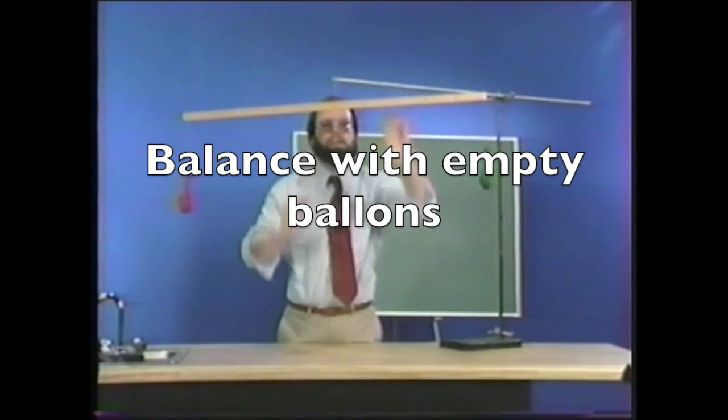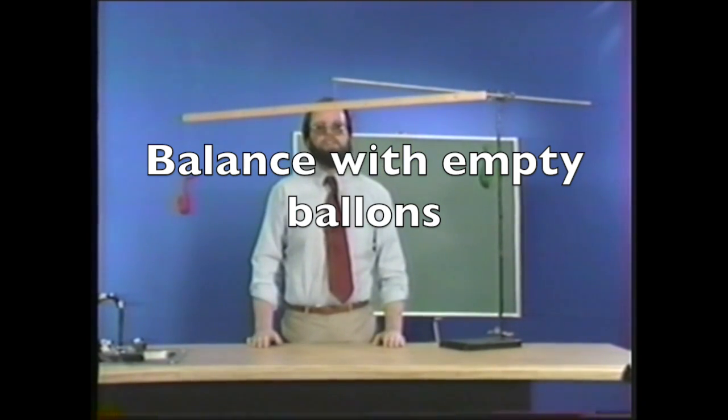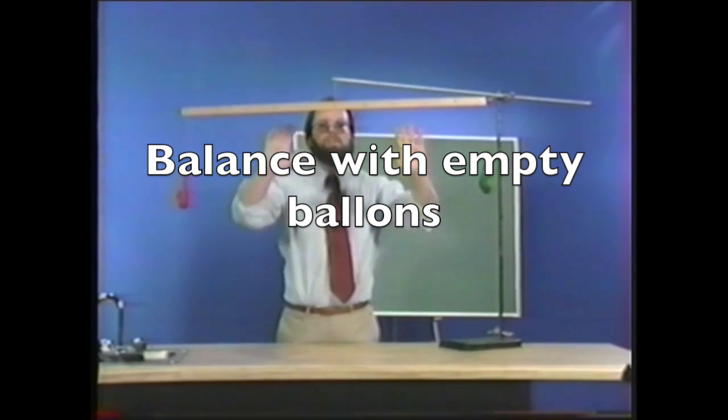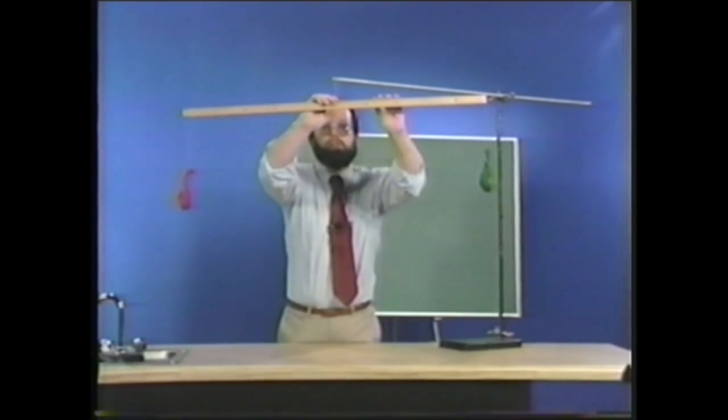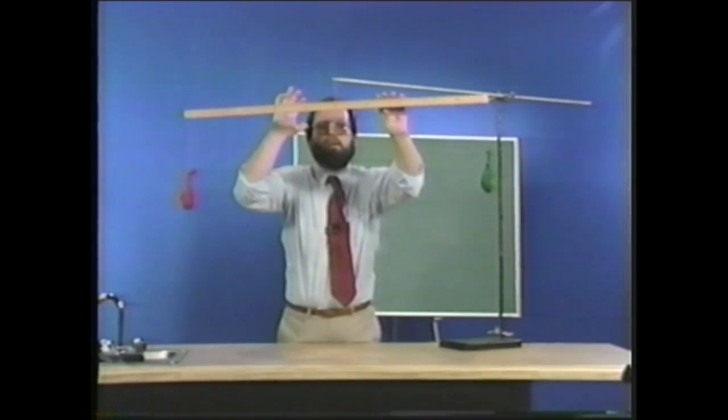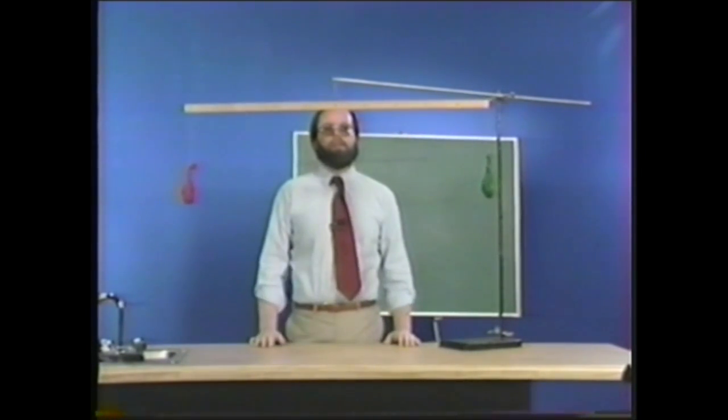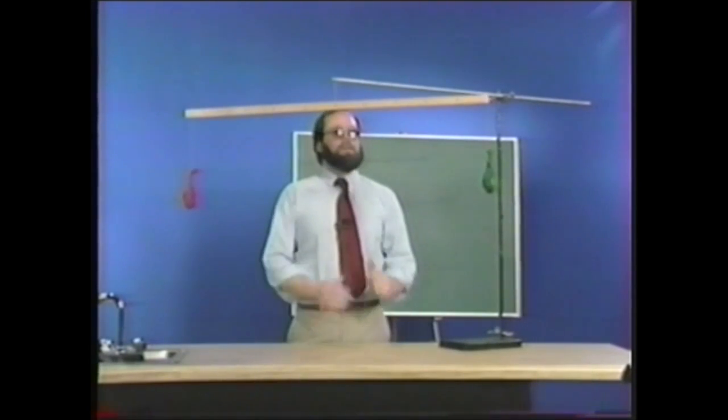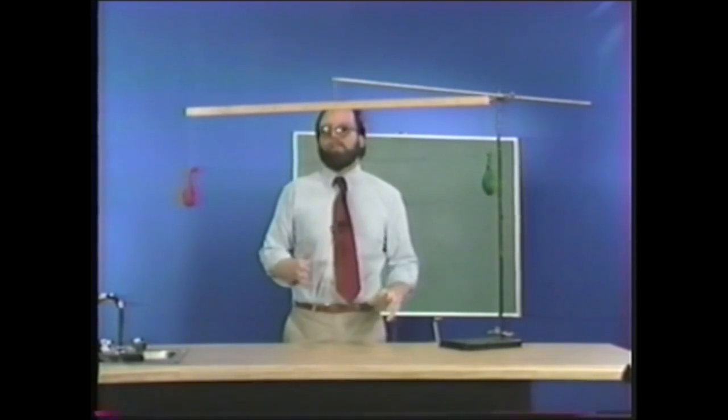And this can take a few minutes to actually reach a balanced position. So be patient when you're doing this experiment. Okay, it looks like our yardstick is balanced now.